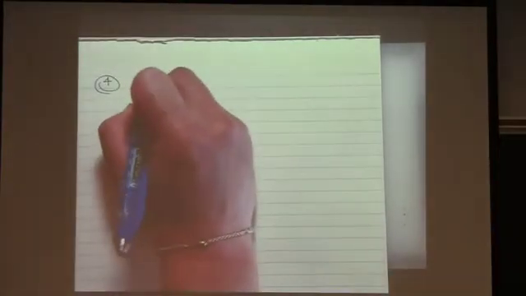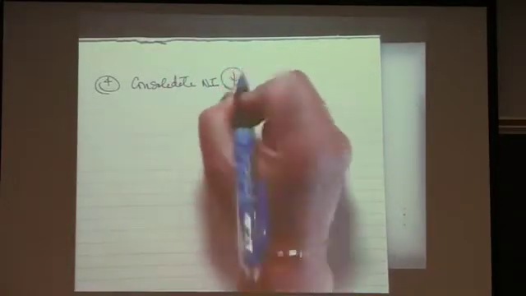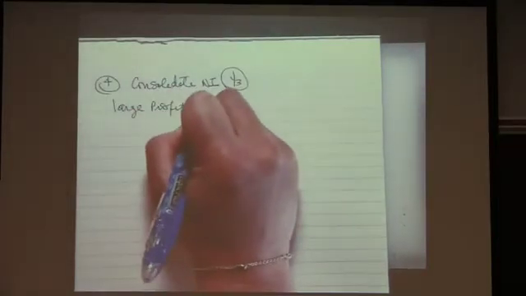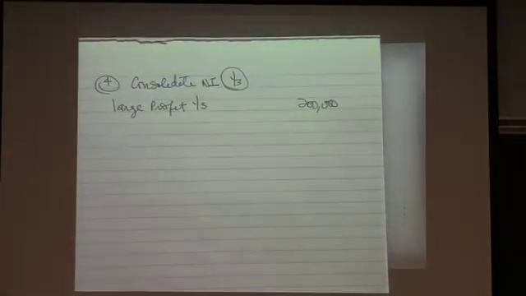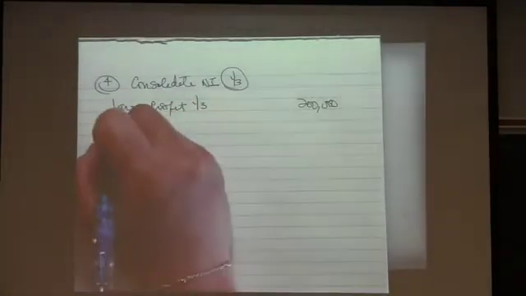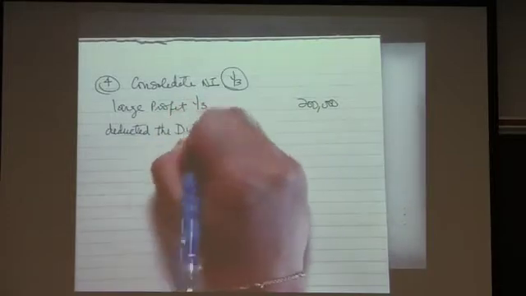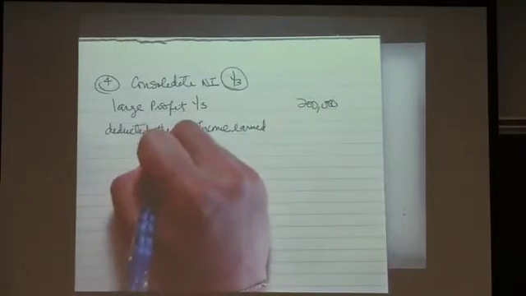So consolidated net income, and this is for year 3. Large's profit for year 3 was 200,000. Now, remember, they use the cost method. So we need to deduct the dividend income earned from Small.